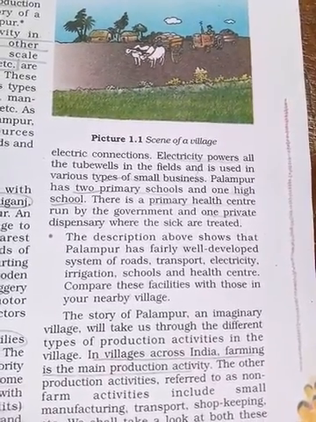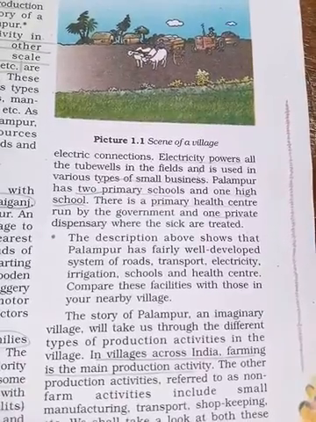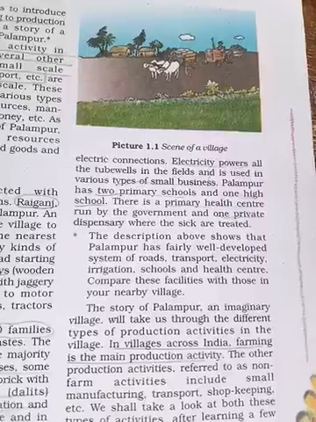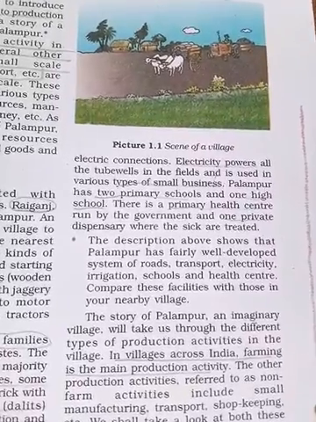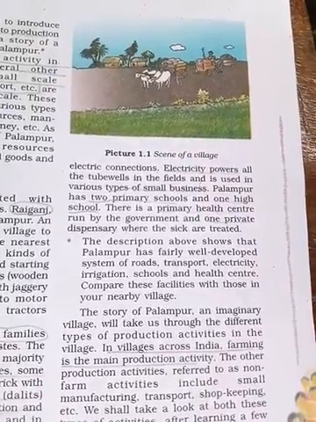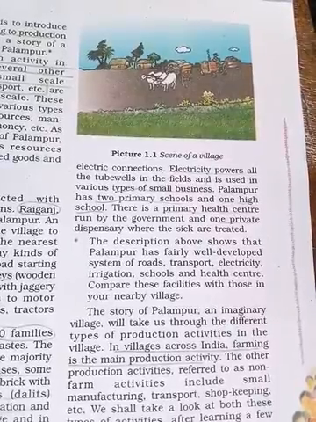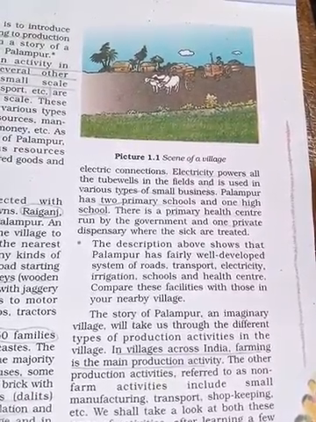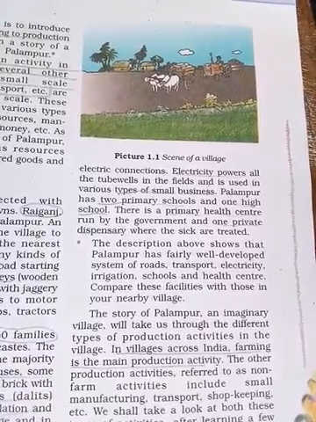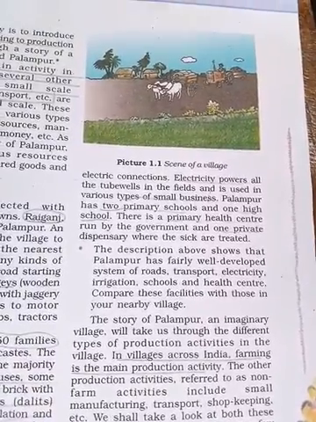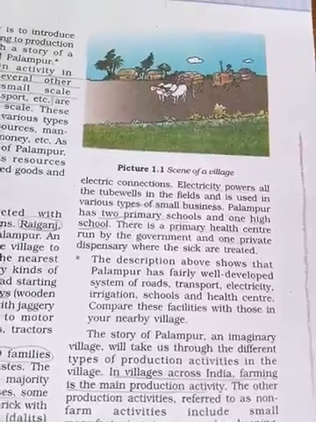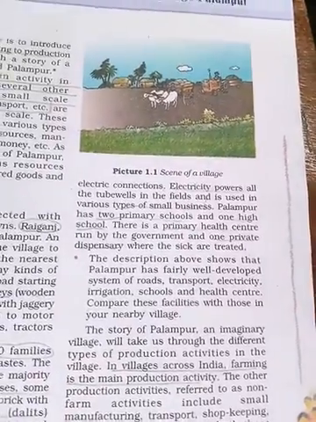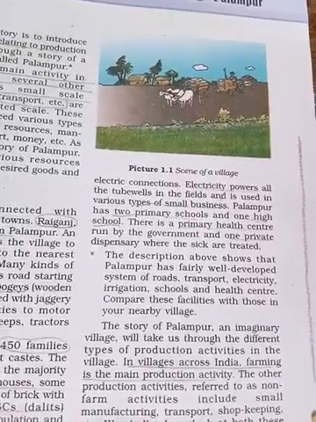That means since electricity is connected, they are using it for different purposes, even for irrigation. They collect water from the tube well through electric power, and even to run a small business, a small shop, they use this electric power.